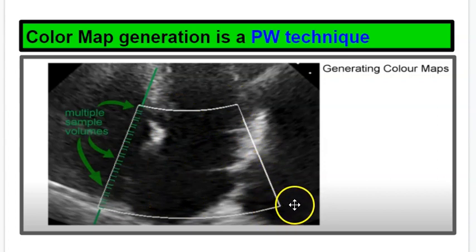And so you can see how that would take a lot of time and a lot of demodulation, if you will, to figure out which direction this blood is going. You can see how we would be very much dependent upon speed and pulse repetition frequency, if you will, and why there would be a potential for aliasing based upon this multiple sample volume technology that's happening in here.